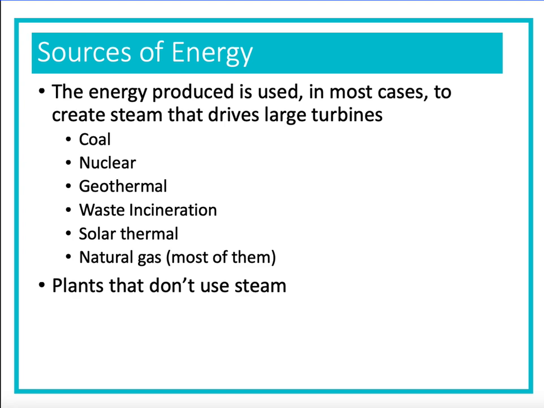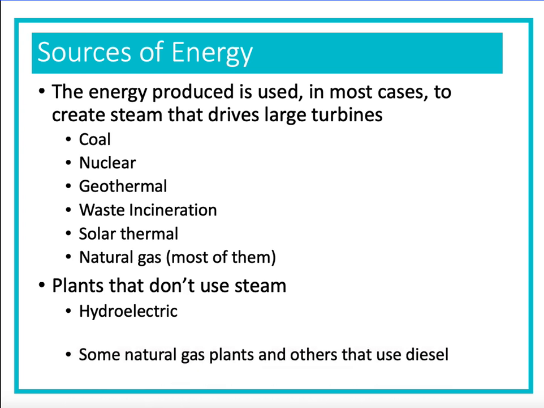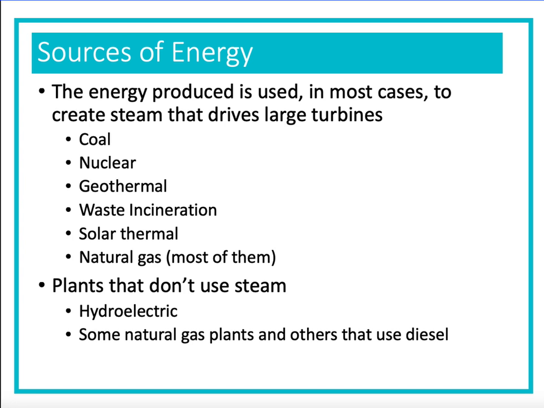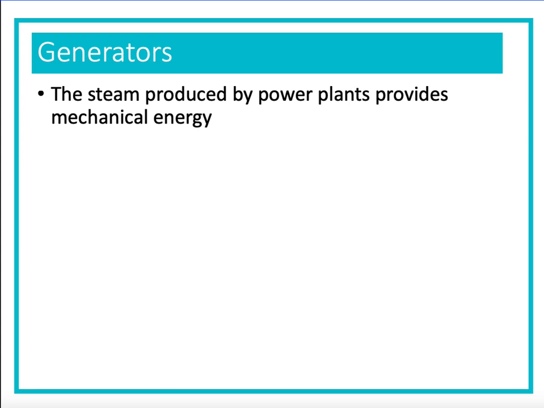Plants that don't use steam would be hydroelectric because, of course, the motion of water actually creates turning, so they don't need to do that. And then some natural gas plants and others that use diesel don't do that. And then the photovoltaic type of solar and wind turbines also don't use steam. But most power plants actually do use steam.